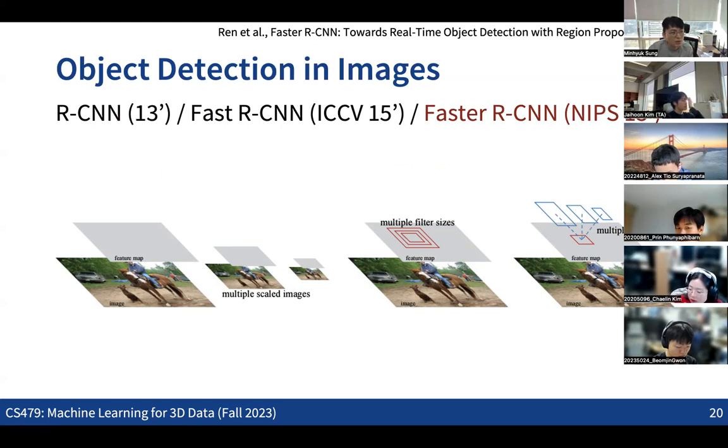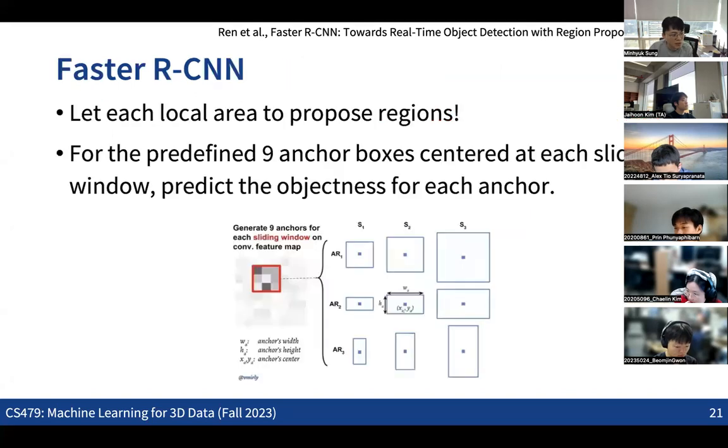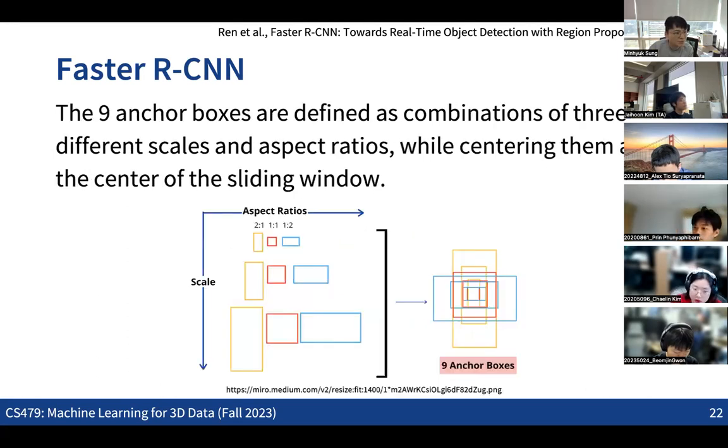Here the basic idea is that for each local area, for each pixel, we get a fixed set of 9 proposals for the regions, which are called anchor boxes. For each pixel, we have this fixed set of 9 predefined bounding boxes, called anchor boxes.